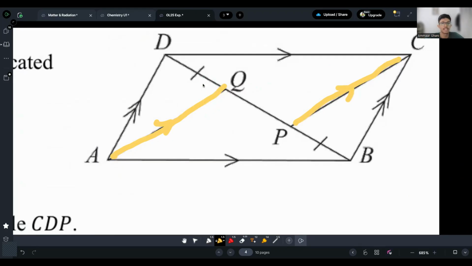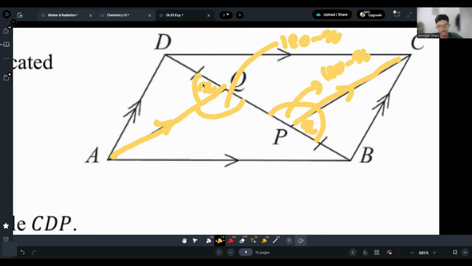Okay, we can tell that let this angle be X. Because we proved in the first part that these two triangles are congruent, we can tell that corresponding elements of congruent triangles, this is also X. Okay, so this part becomes 180 minus X. This part also becomes 180 minus X. Then aren't these two angles equal?